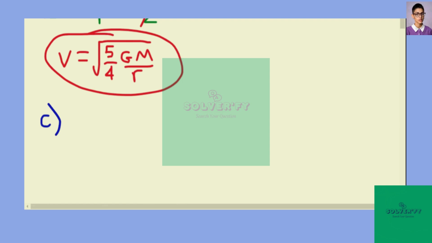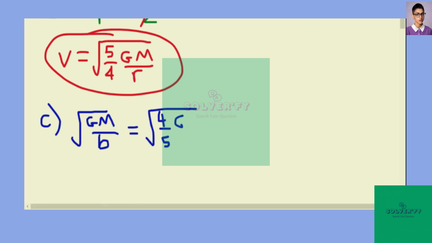So we can set the square root of GM over B, which will be the distance away when it reaches the other end of the ellipse, equals the square root of 4/5 GM over R.